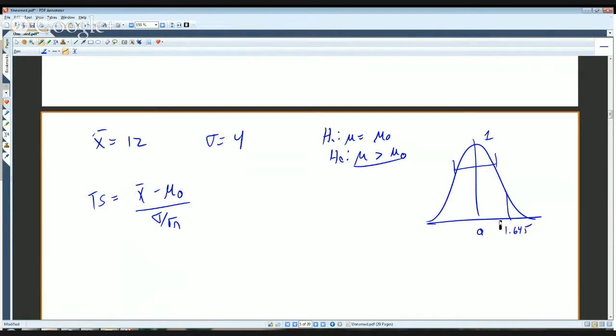Remember this is the distribution of our test statistic, and we're going to reject if our test statistic is larger than that quantile. Let's just write that out. We're going to reject if X bar minus mu naught, which in the problem I'm calling X, over sigma over square root n is greater than the quantile.